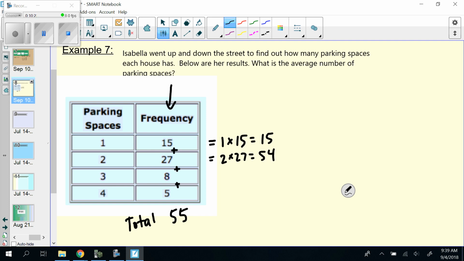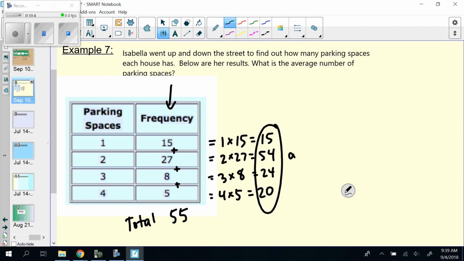And doing that with these other ones gives us 24 spaces here. And the last one would give us 20 parking spaces for the 4 parking space type. So now what we want to do is figure out, well, what is that total? Because that total is going to give us how many parking spaces total there were. So if we take all these and add them up, the total parking spaces was, adding all that up, going to be 113.